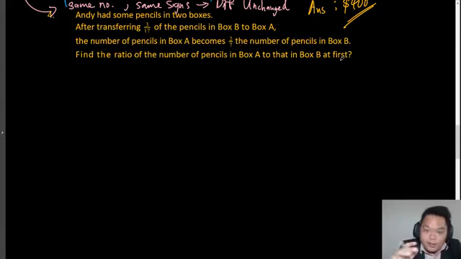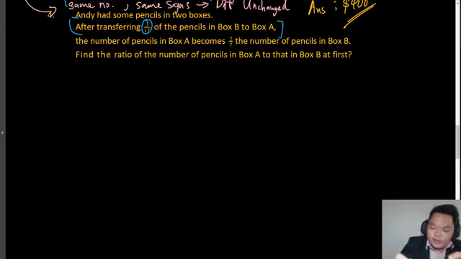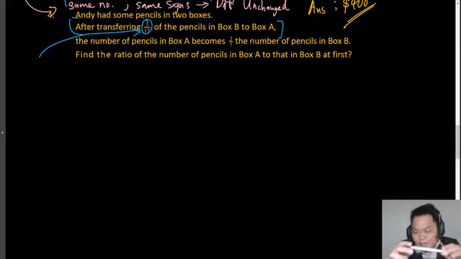Okay, so anyway, let's talk about this. So, okay, the first statement is to set the total number of pencils. So within this 3 out of 17, within this little fraction itself lies a lot of information.